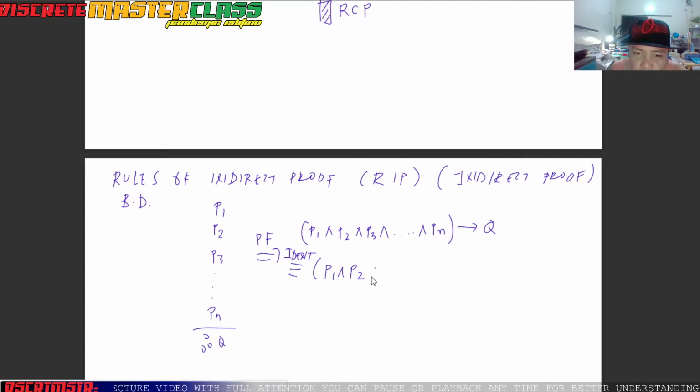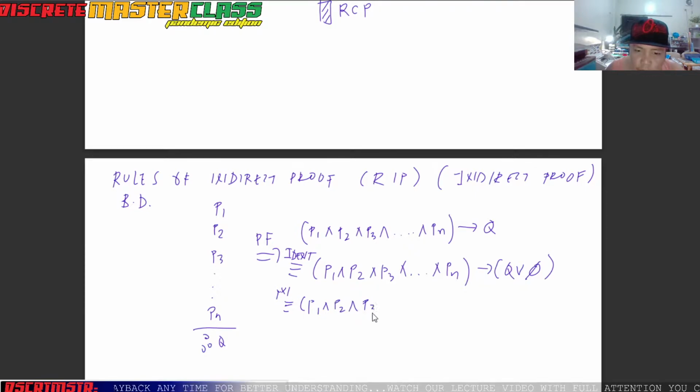P1, P2, P3, and Pn implies Q or 0. Okay, Q or 0 is Q by ident. Next, by MI, applying to the conclusion, just copy the premise, P1, P2, P3, and Pn implies, applying the material implication MI, negate, change, copy. From that, I will apply expo.